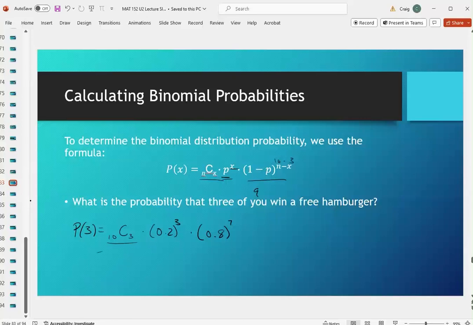If we plug all of this into a calculator, let me find this in my calculator real quick. Aha, there it is. We want 10, we're going to choose 3 to win. Again, you want to use combinations here, not permutations. Times 0.2 to the 3rd power, times 0.8 to the 7th power.